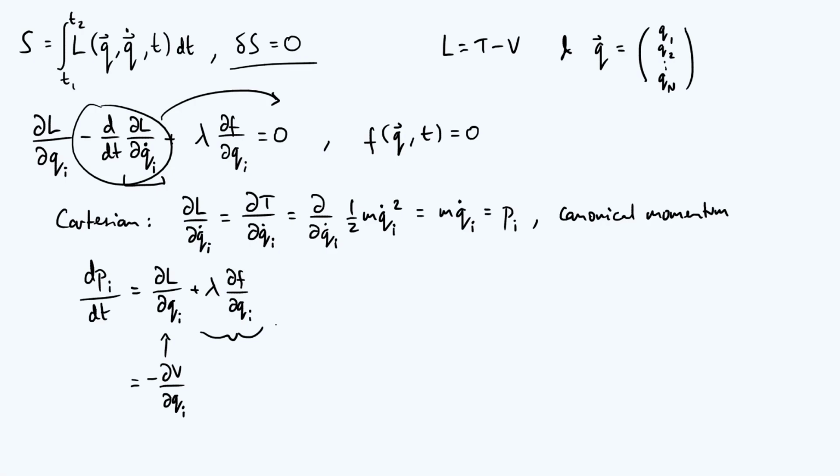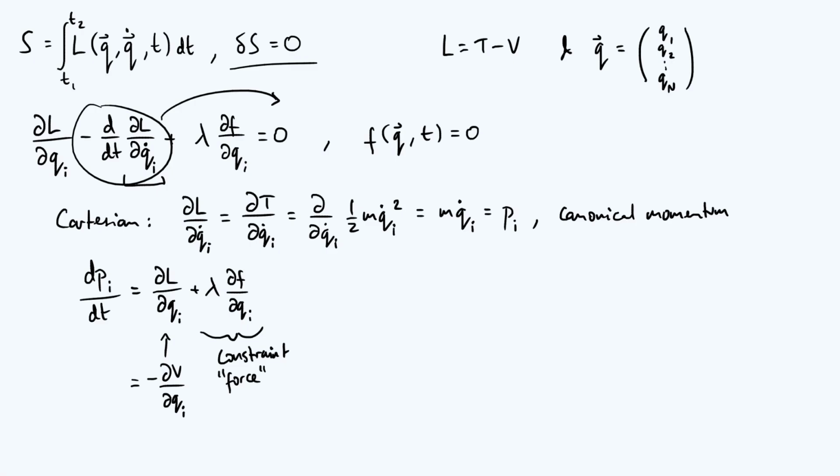And because that's a generalized force associated with the constraint f equals 0, it is the generalized force which is keeping the constraint satisfied, right? So I'm just going to note down that this is basically your constraint force, and the interpretation of what that means will vary depending on the system. But for example, if it's a bead on a wire, then it will be the normal reaction force that keeps the bead moving perfectly along the wire. It'll be the contact force between the bead and the wire itself.